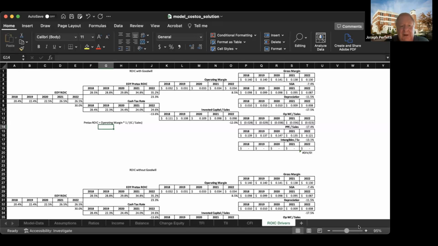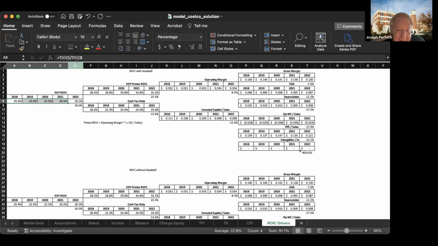And I gave you Costco because in the lecture notes last week, the Costco solution was in there for the first 4 years, meaning these 4 years you already saw and you had the answer to in the trees that I gave you last week. So for Costco, if you were just building your own solution, you could have checked to make sure that your data synced to my data.